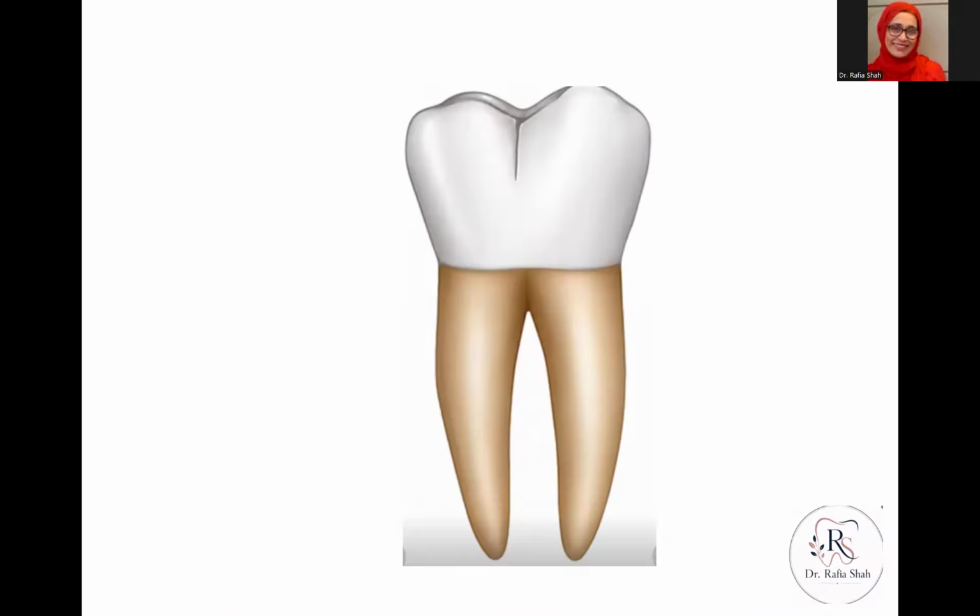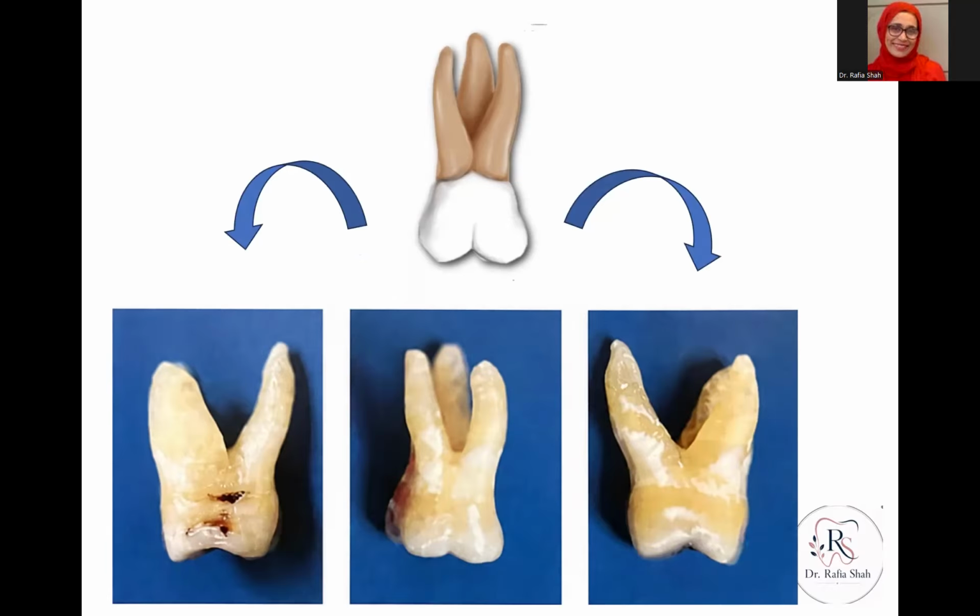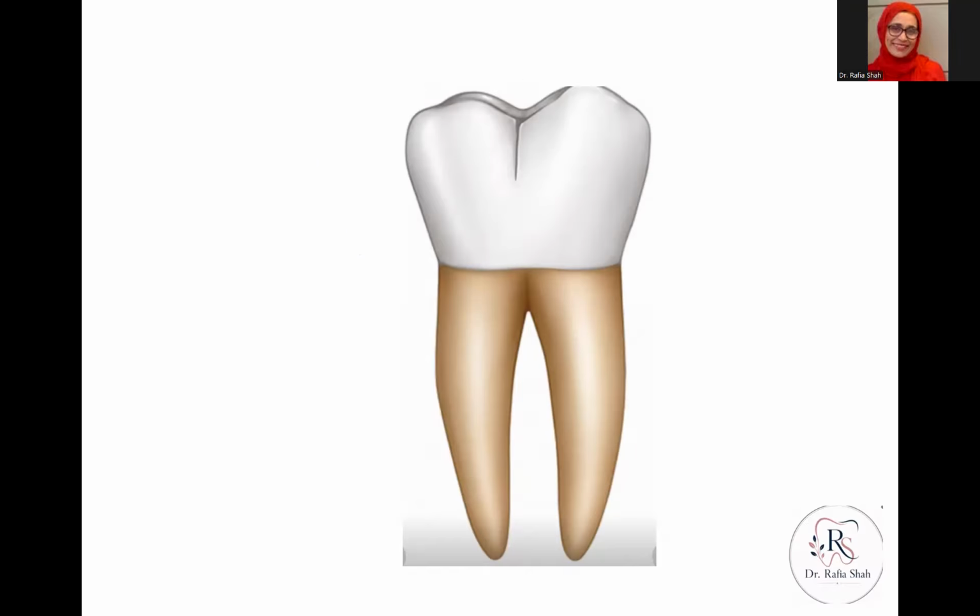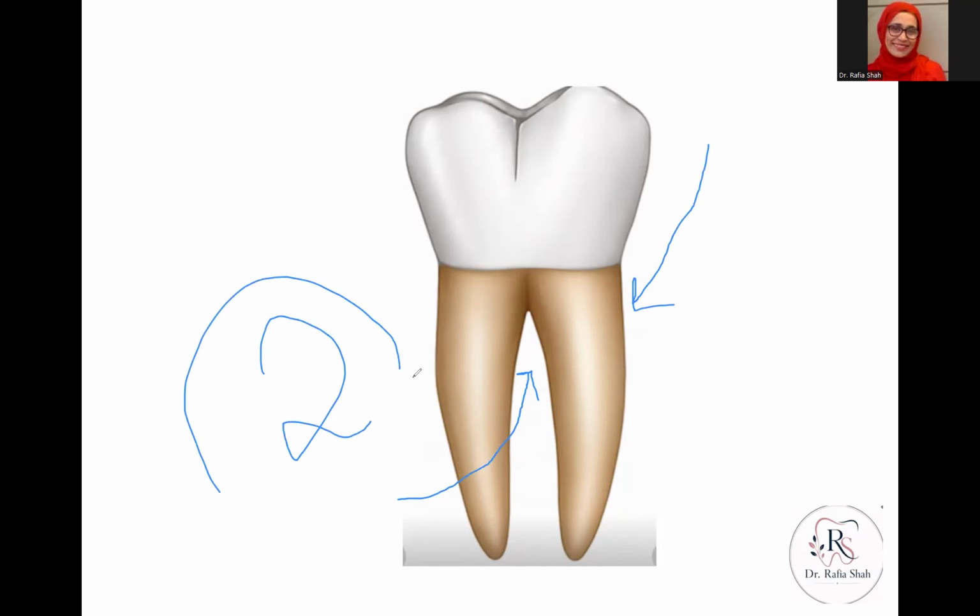But similarly, when we talk about tooth number 6 in the lower arch, since this tooth has 2 roots, it has only 2 furcation regions. Either you go from the buccal side or you come from the palatal side. So it has 2 furcation regions basically.